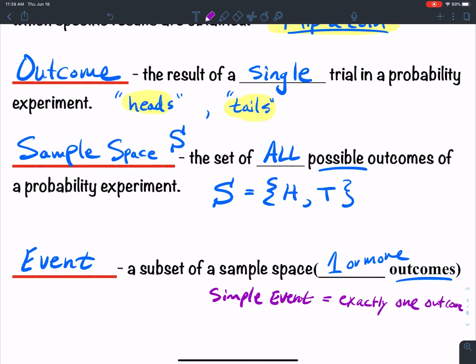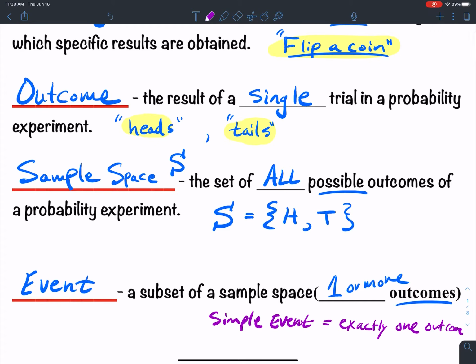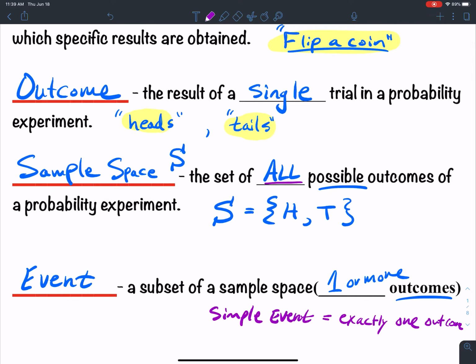So you might be asked, what are the outcomes for this event? All the outcomes are heads and tails, but is this event a simple event or is it just a regular event? Well, if the event is just flipping a heads, there's only one way to get a heads, so that's a simple event, okay? So an event is just a subset of the sample space.